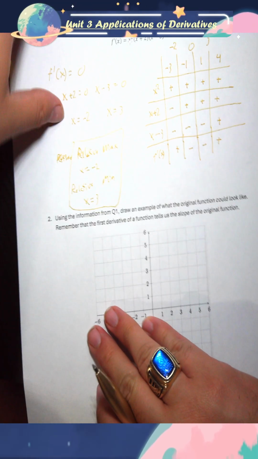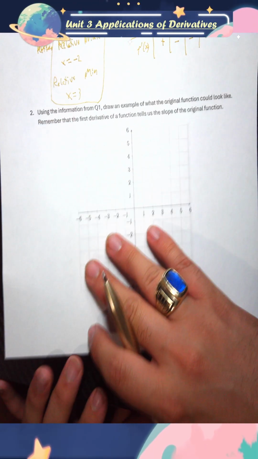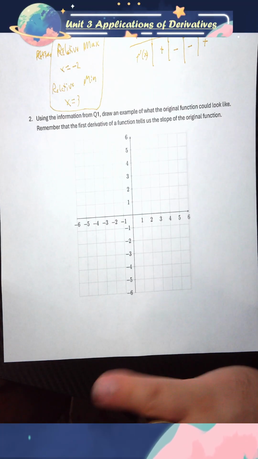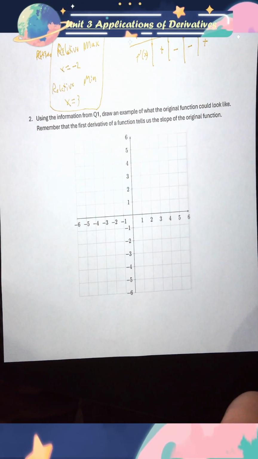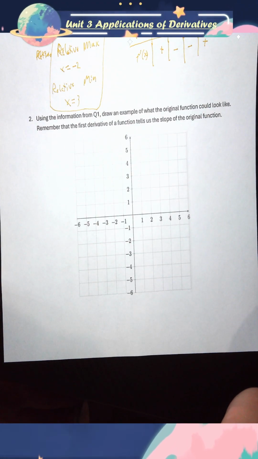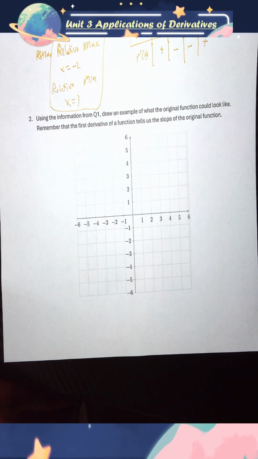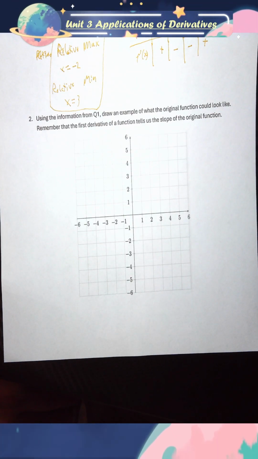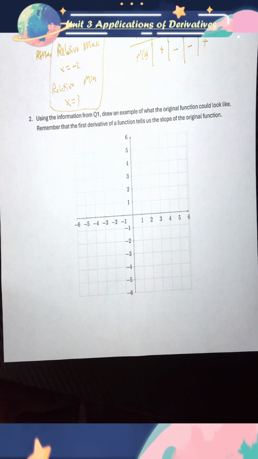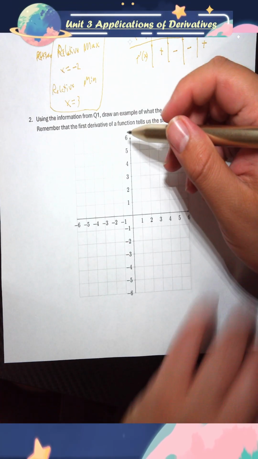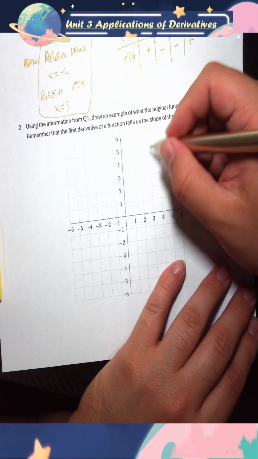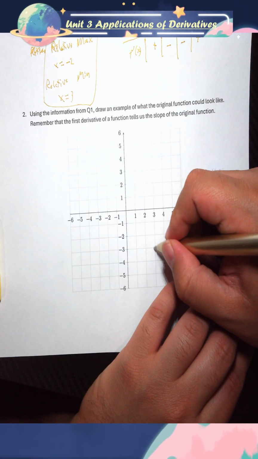Now, technically speaking, we can go ahead and do an interesting extra part. Using information from question 1, draw an example of what an original function could look like. Remember that the first derivative tells us the slope of the original function. So we know that at x is equal to 3, we'll have some kind of dip.